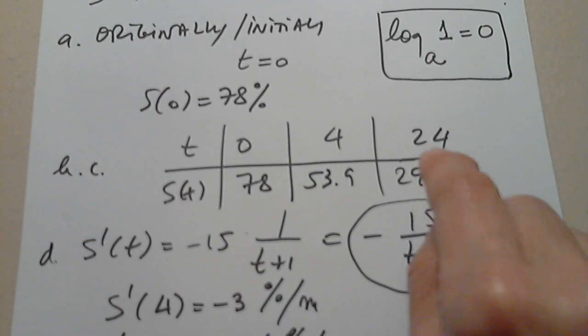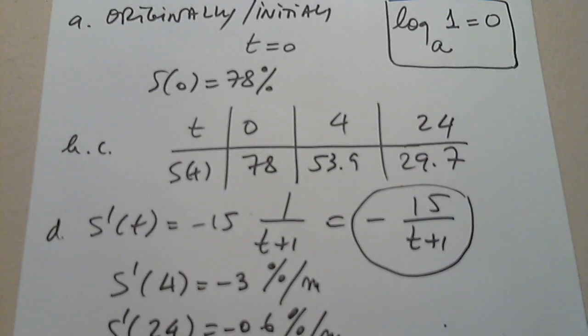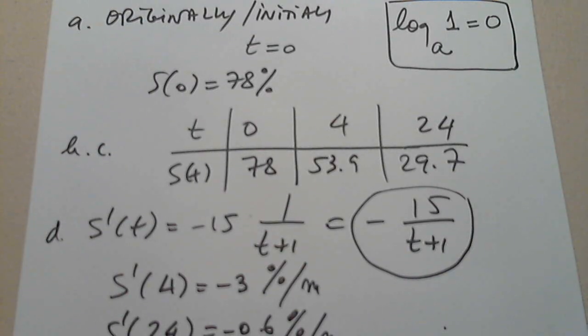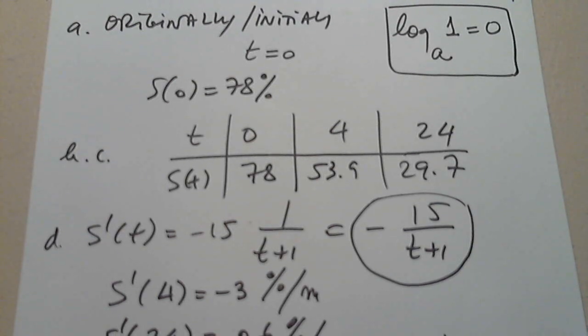How fast is the score changing then? It's decreasing, but much slower: not 3% per month, but 0.6% per month. Any questions on this?